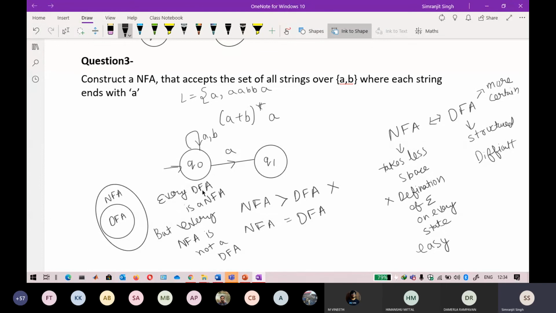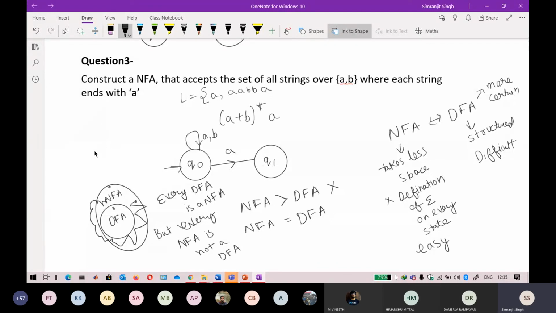If you define A and B on Q0 and Q1, I can say that this is a DFA as well as an NFA. If you see this diagram, every DFA is an NFA, but every NFA is not a DFA because some NFAs lie here that are not contained in the DFA part.